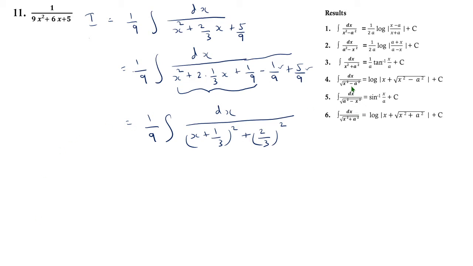So it is of the form integral dx by x square plus a square is equal to 1 by a tan inverse x by a plus c. In place of x we have x plus 1 by 3. In place of a we have 2 by 3. So this is equal to 1 by 9 into 1 by 2 by 3 tan inverse of x plus 1 by 3 divided by 2 by 3 plus c.